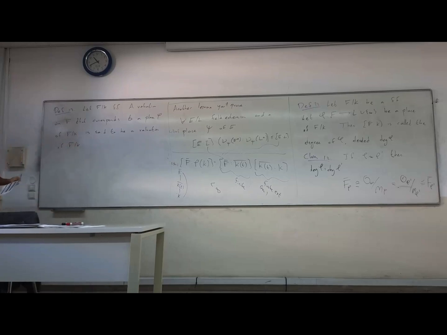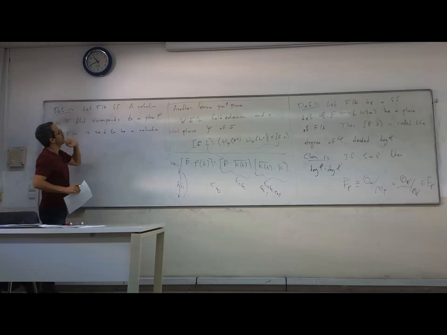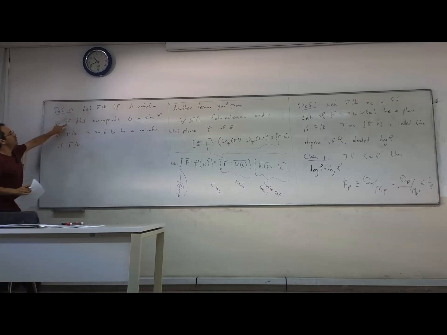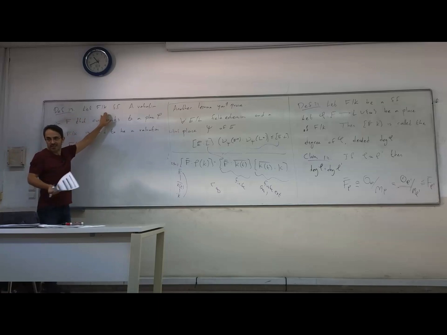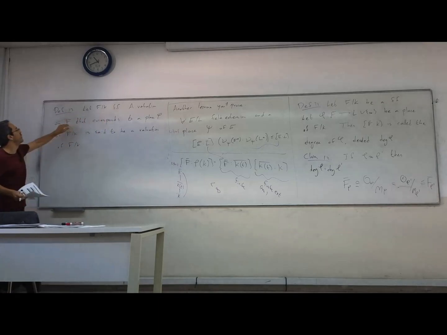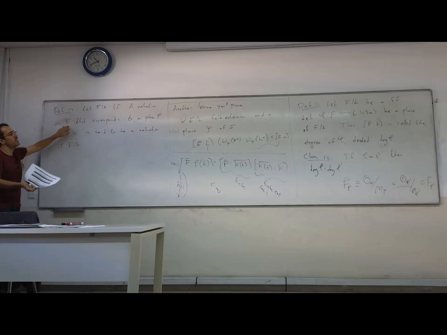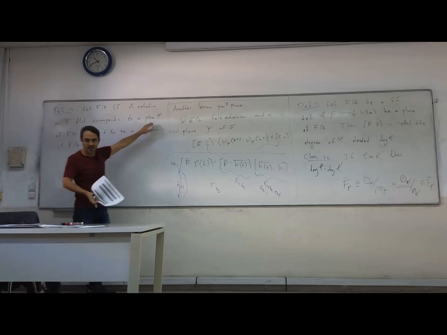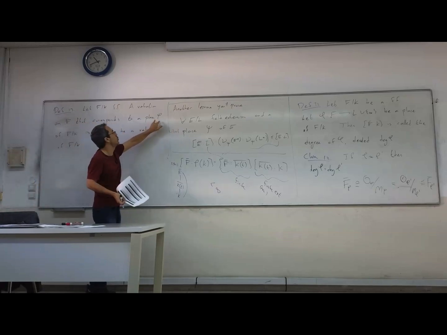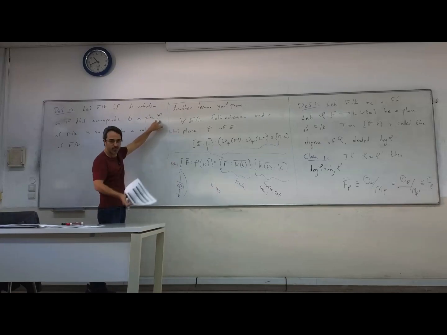It's almost like playing with words, but not quite. So you have a function field, and you look at valuations of f. Now, a valuation of f doesn't know about k. Who knows? It's defined on f. But some of the valuations of f happen to correspond to a place of f, and some of them are going to correspond to places of f over k. Like they're places of f, but they happen to be non-trivial on f and trivial on k.